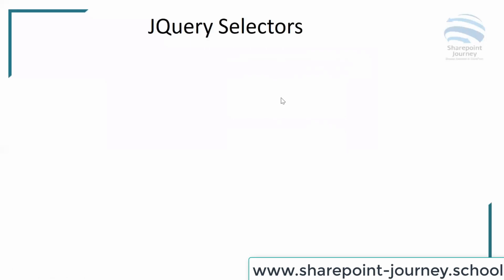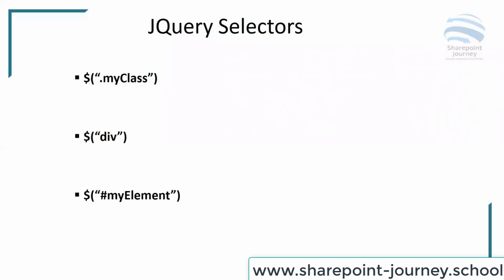jQuery selectors. So you have different set of selectors using which you can select those elements on the page. So basically here also you have class selector, name selector, and the ID selector. So let's say if you have one class that is applied on the same page for all the elements, you can use the $ symbol and get all the elements on the page. Then the second one will give you all the div elements on the page.